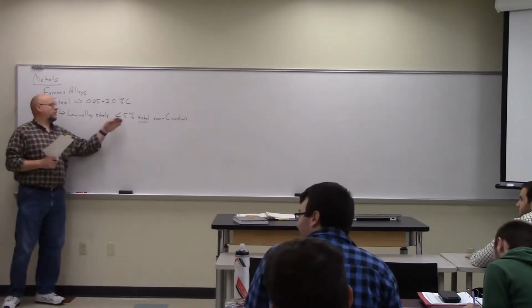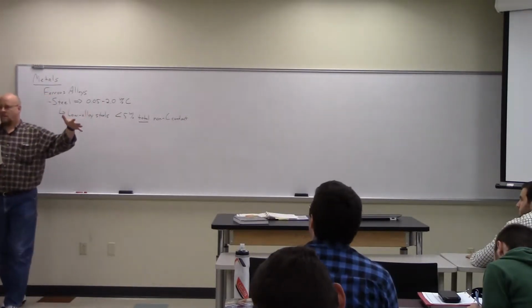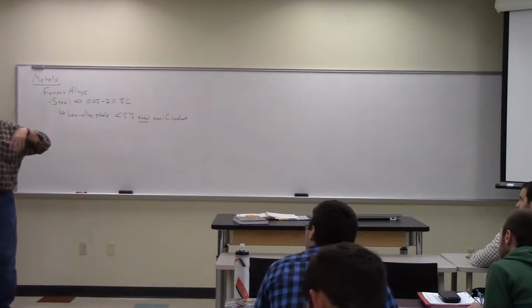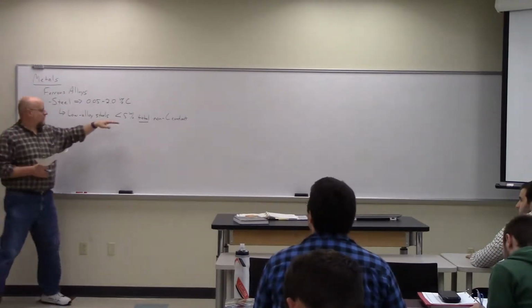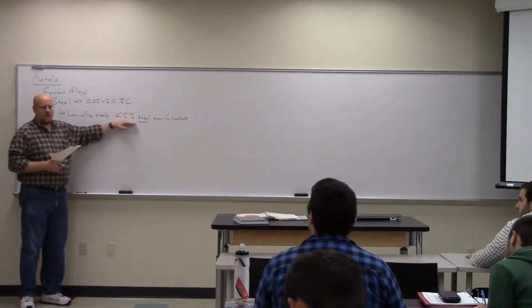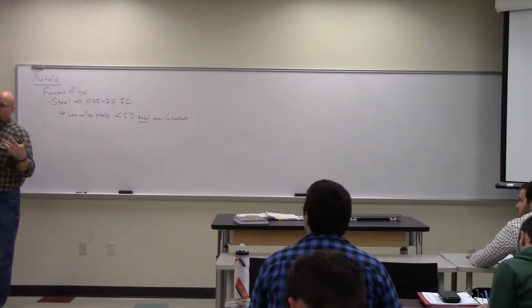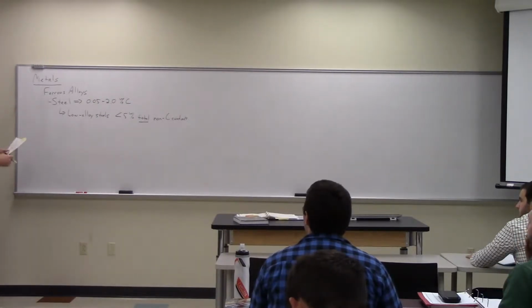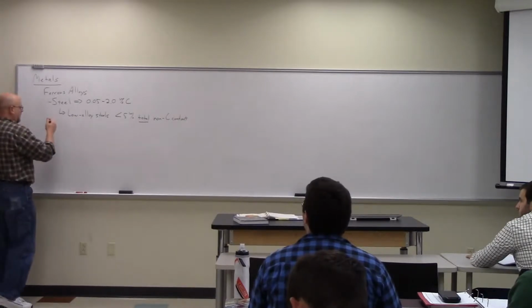So low alloy steels means we have less than 5 weight percent of all non-carbon content. So, chromium and molybdenum and manganese and whatever else we might throw in there, if it adds up to less than 5 weight percent, all those other stuff, then we call it a low alloy steel. And then obviously a high alloy steel would be the other end of the spectrum.